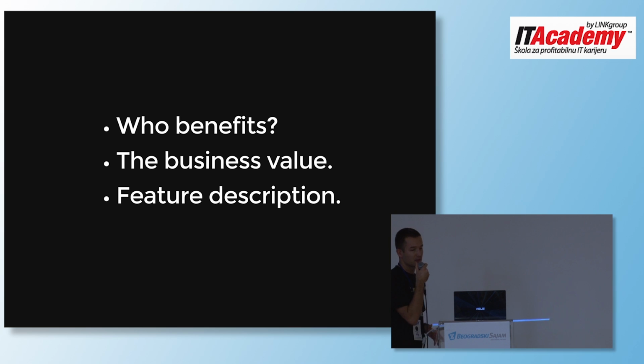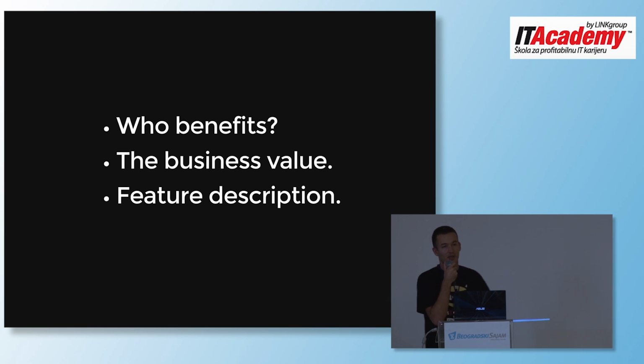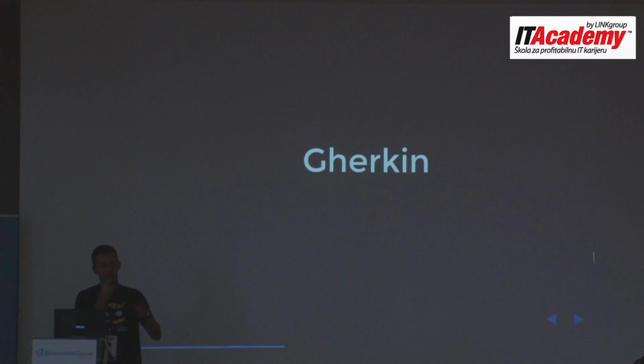And the third and final question is to describe how this feature actually works. So you're trying to answer these three simple questions. And when you ask yourself these three questions, probably every one of you would express himself differently.